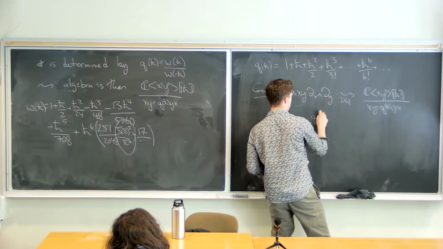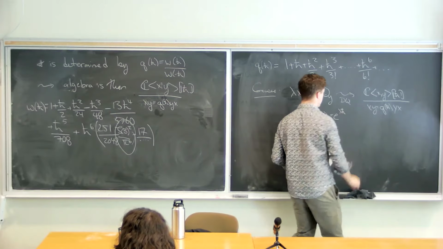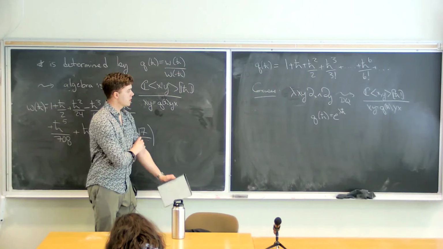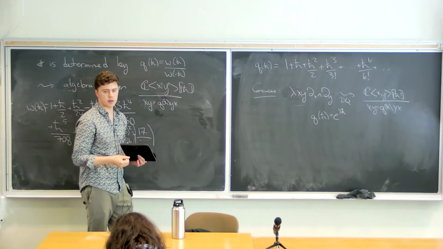This Q of h bar should be e to the lambda h bar. So over here, I was taking lambda to be 1, but this is what you might guess.